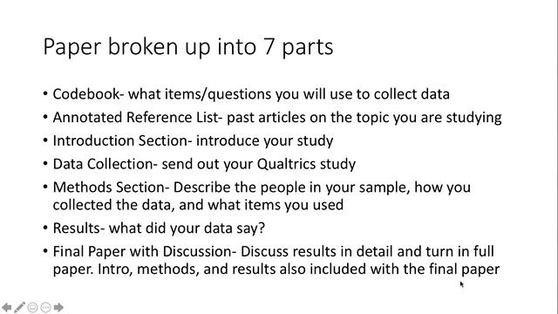However, even the introduction and the methods section, even though initially you just get automatic points for turning those assignments in, once we get to the final paper, those sections will be graded for credit. And you will have gotten feedback on those sections so that you can make those parts of your paper quality. So in a nutshell, that is the empirical paper that we will be doing throughout this semester.